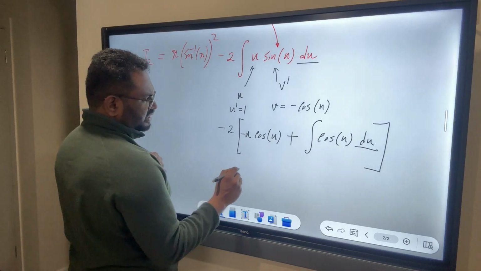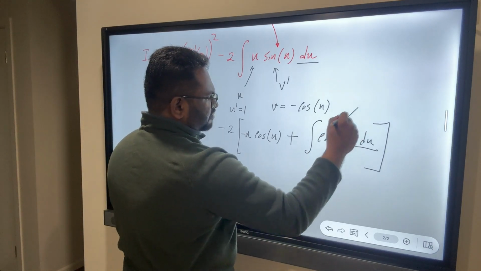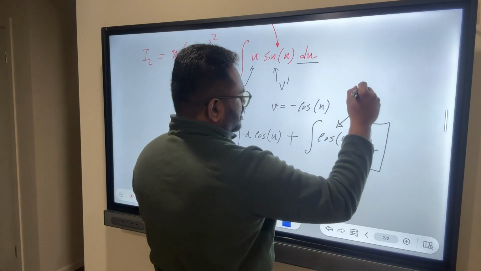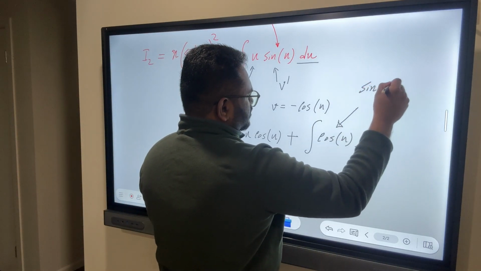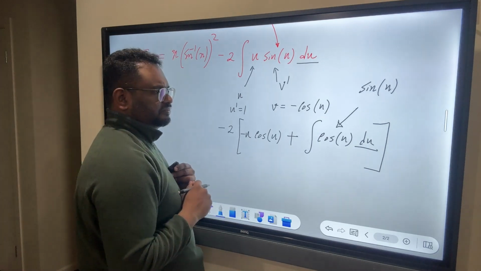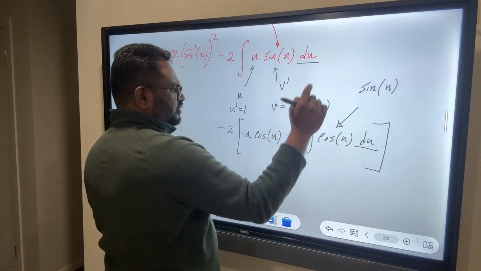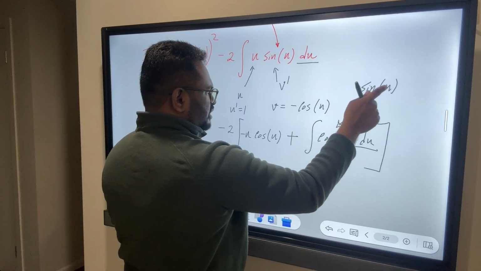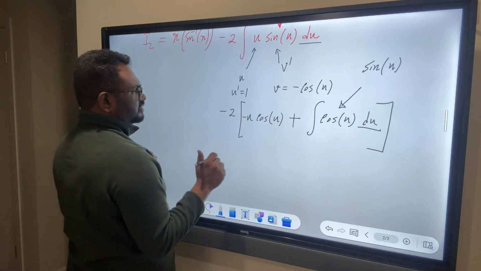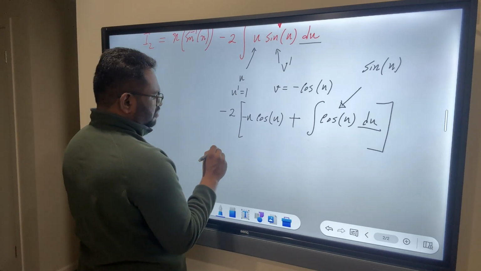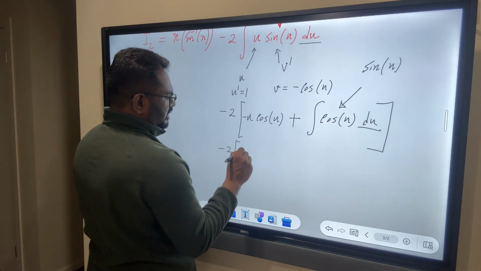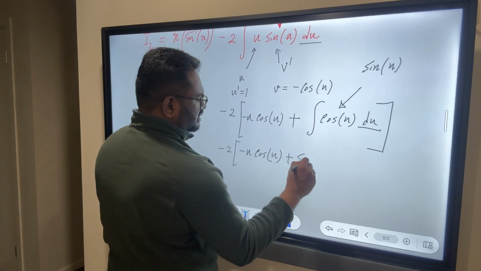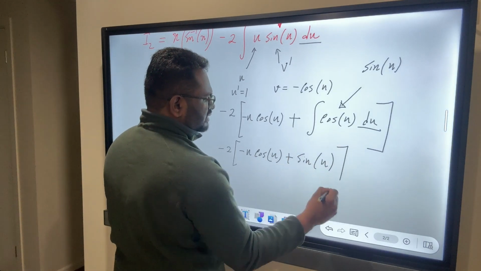Okay, so this du comes there, and then close the bracket. Then you will see this is nothing but sine u, correct? When you differentiate this one, you get this. When you integrate this one, you get this. So this whole thing is nothing but sine u. So you get now minus 2 times (minus u cos u plus sine u), and this comes in terms of u.